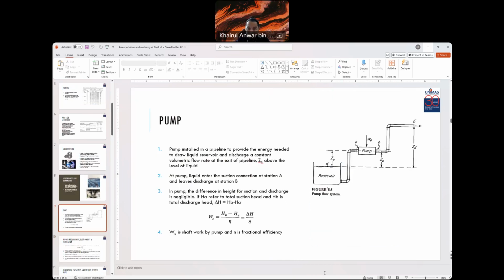Okay, pump. A pump is installed in a pipeline to provide the energy needed to draw liquid from a reservoir and discharge it at a constant vertical level at the exit of the pipeline, Z_P, above the level of liquid.